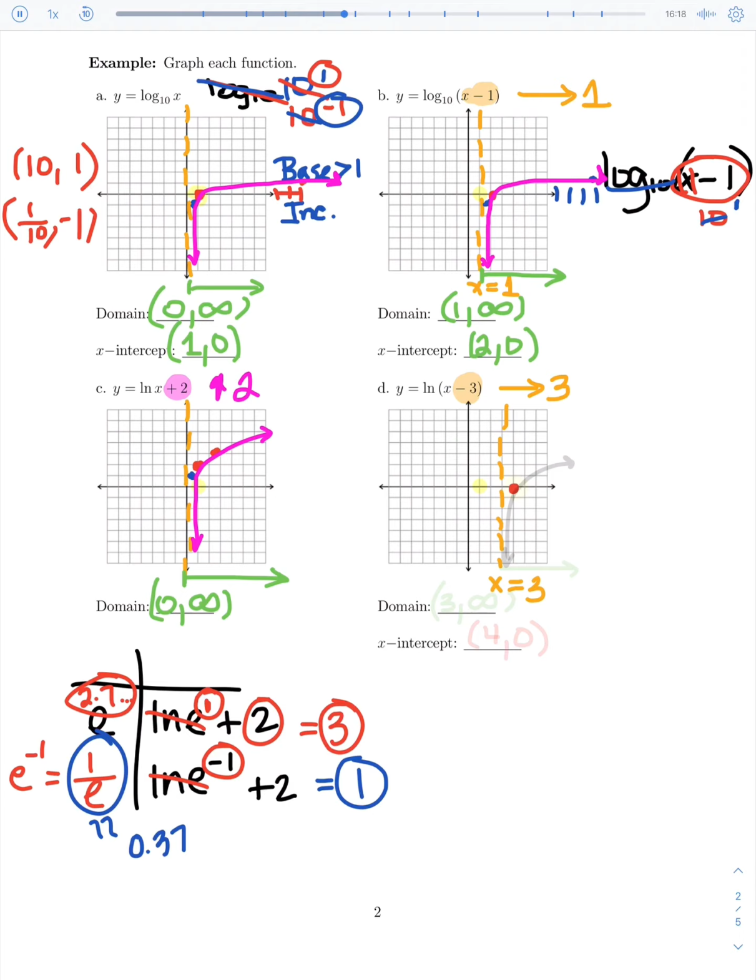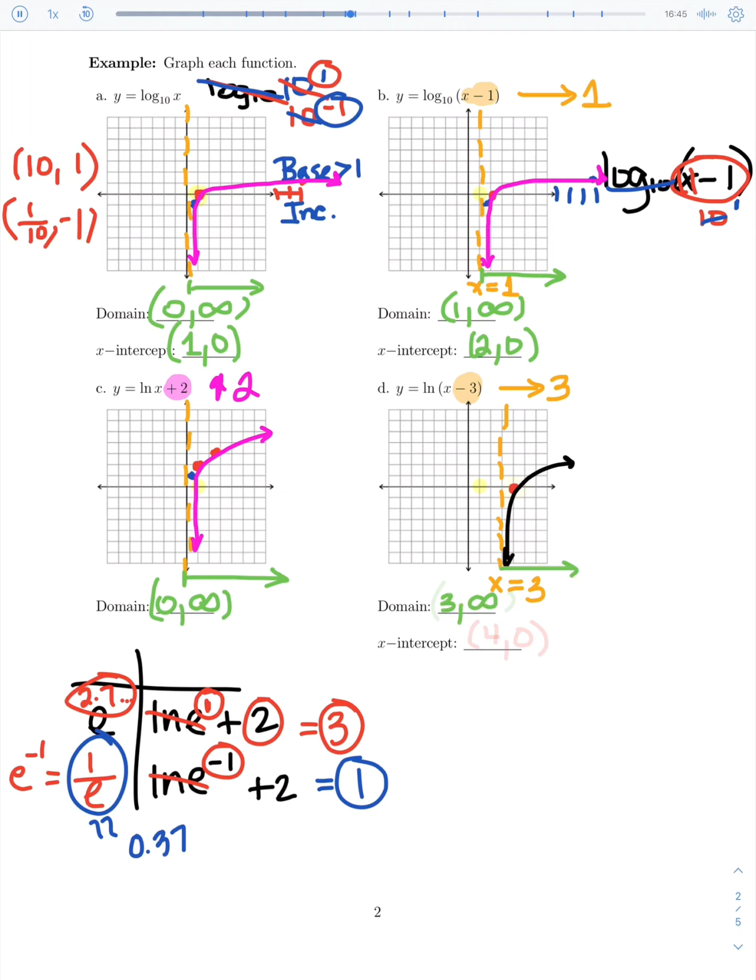Now the question is, what's happening around it again? Remember, because our base is bigger than 1, this should be increasing through this point. If we need to find extra points, we could, but let's go ahead and draw our graph. We're getting the idea of what's going on here. The domain should be that our graph starts at 3 and continues on forever.